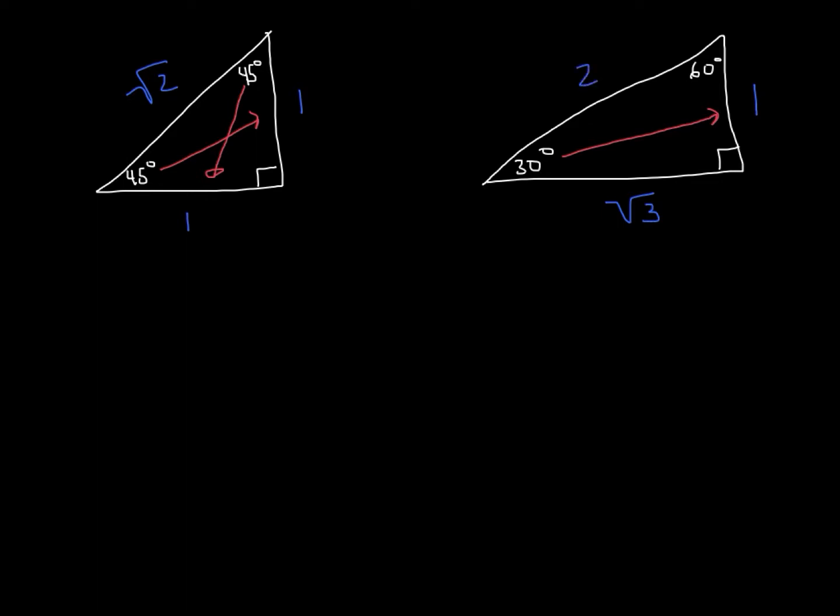All right, now the way you can memorize this is very simple. Across from the smallest angle is going to be the smallest side. That makes sense. Just think about that and try to convince yourself of that. If you have a very small angle, like 10 degrees or 12 degrees, well, think about it. The side across from that angle is going to be very small.